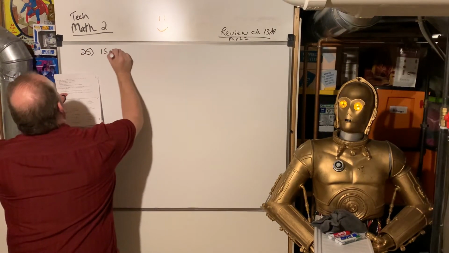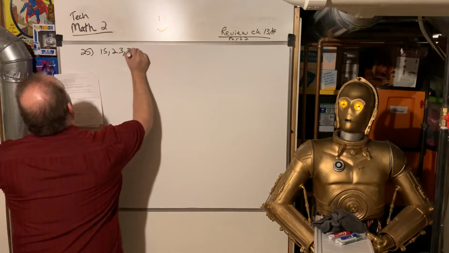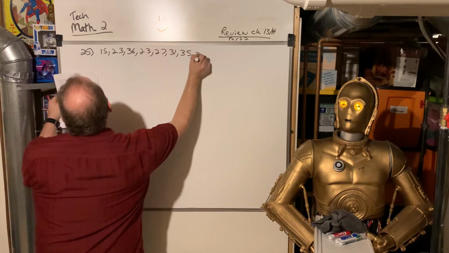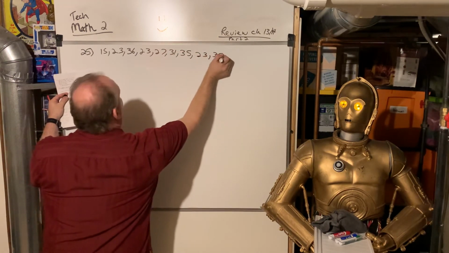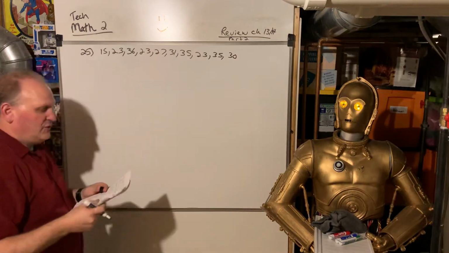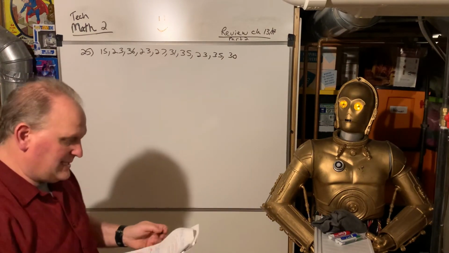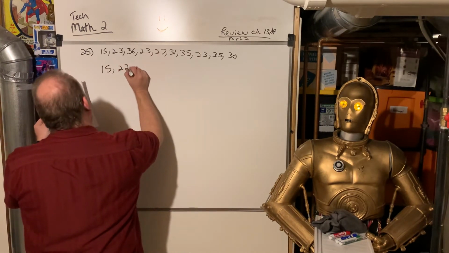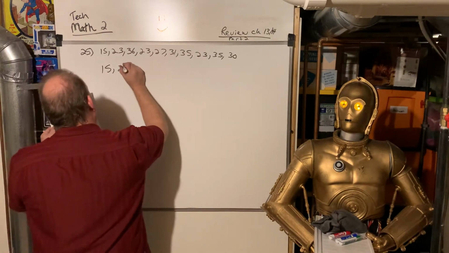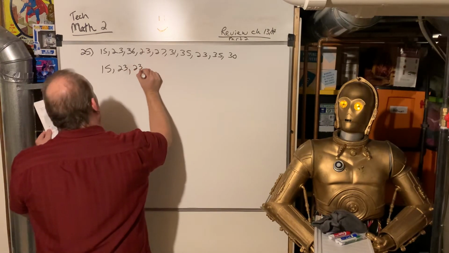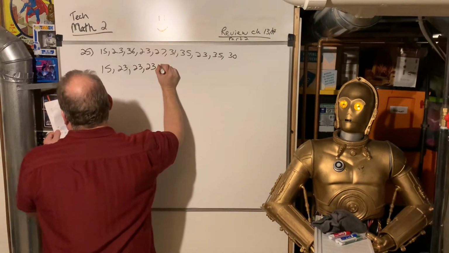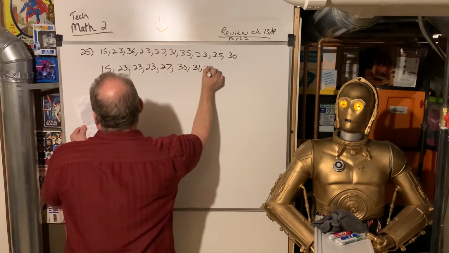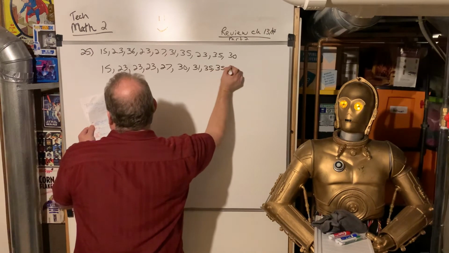All right, so let's look at 25. We got 15, 23, 36, 23, 27, 31, 35, 23, 35, and 30. So we want to put those in order from lowest to highest: 15, 23, 23, 23, 27, 30, 31, 35, 35, 36.